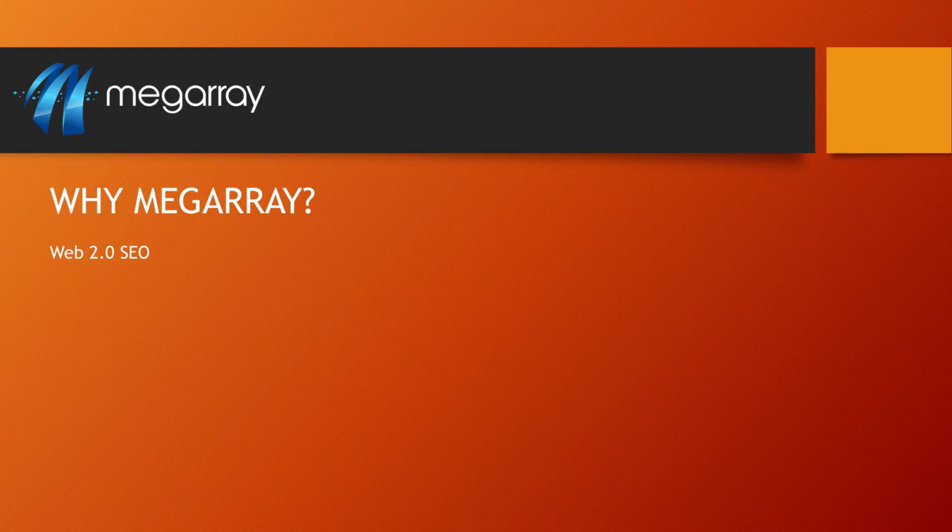The other thing with Megarray that we haven't gone through yet is the Web 2.0 SEO, which is outside of video. You obviously have blog accounts and Facebook and Twitter and other Web 2.0 websites or social media, however you want to call it.